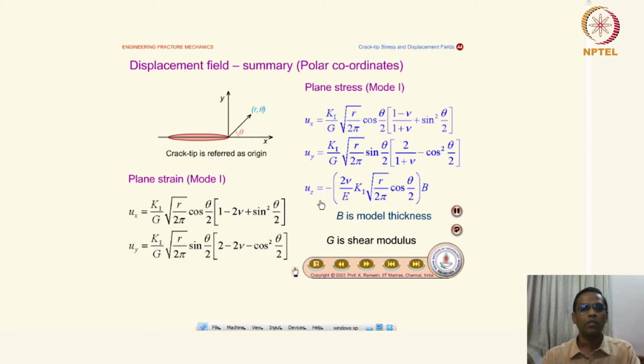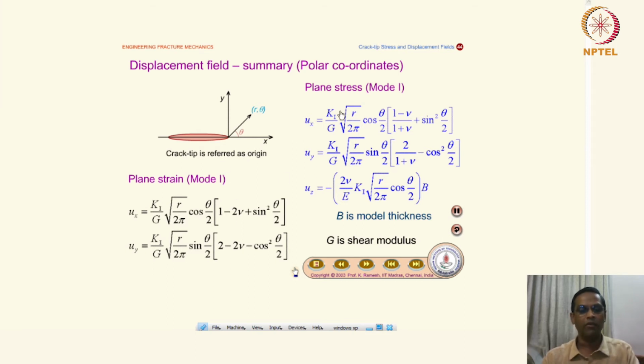Another point is, in the stress field, what we looked at, at the tip of the crack, when r tends to 0, the stress goes to infinity. That means we have the root r singularity, right?